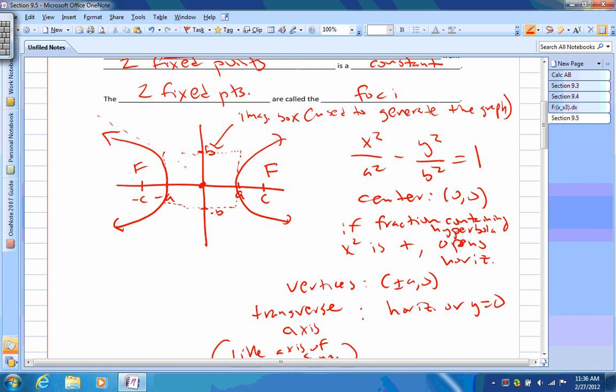There also are going to be two asymptotes, which are basically going to be the diagonals through the box.